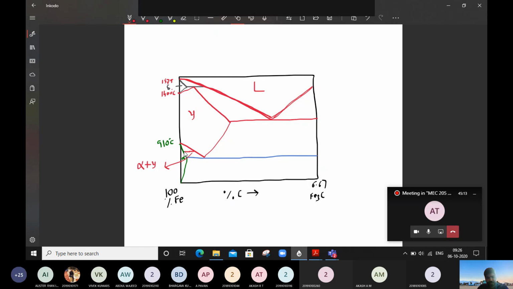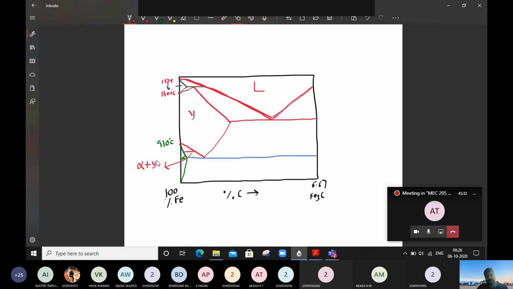If you draw like this, it will meet the alpha boundary, so alpha will be there. If you draw like this, it will meet the austenite boundary, so gamma will also be there. So altogether in this region we are going to have alpha plus gamma.